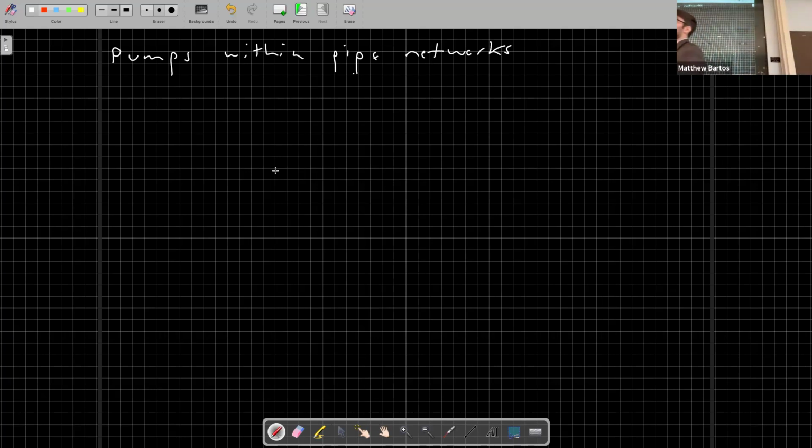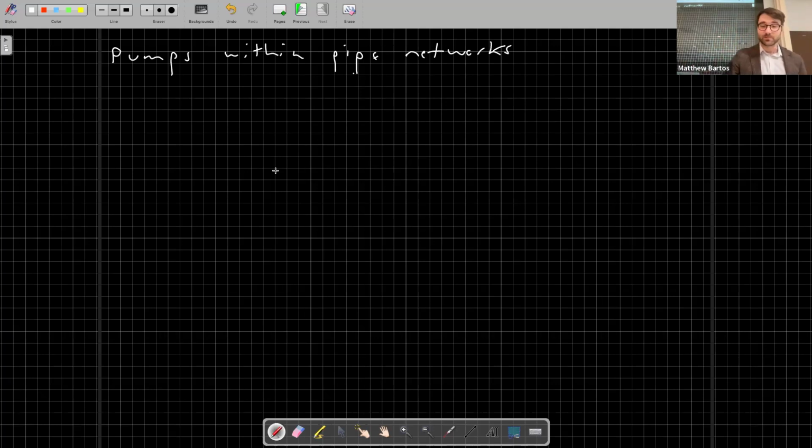So we had previously talked about pipe networks that are operating under the influence of reservoirs. In most cases, real pipe networks will be driven by a combination of reservoirs and pumps. So today we're going to look at how we can actually go about modeling pipe networks that are acting under the influence of pumps.